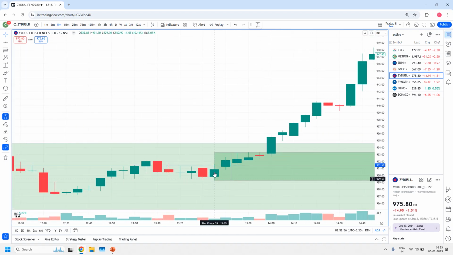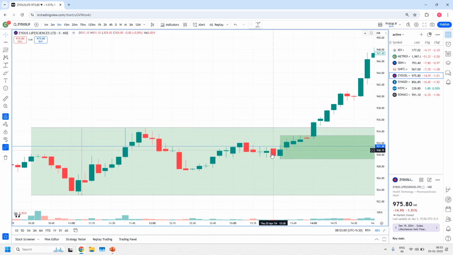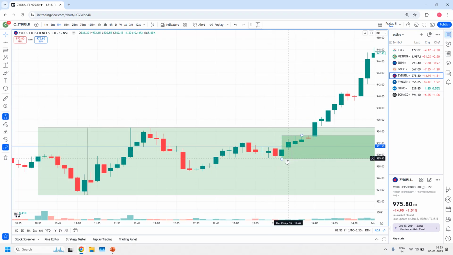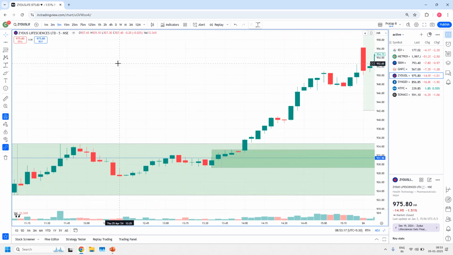See, both are medium sized candles, but this is considered as a leg-in because most of the candle is having the body. But here only body is less than 50%. Anyway, all these are all small candles. These are the medium sized candles.